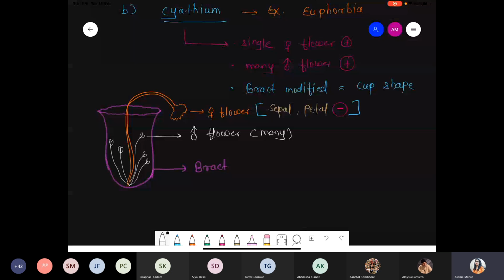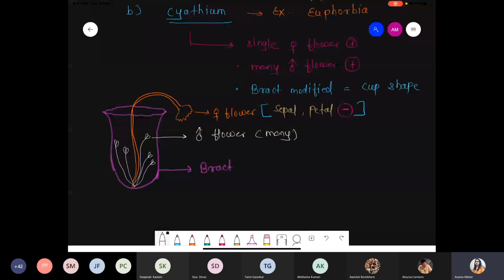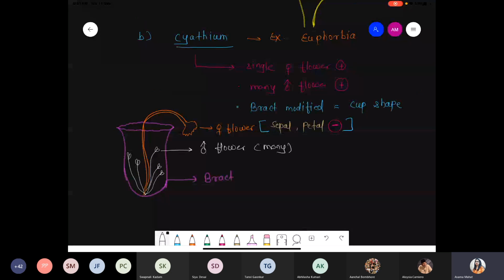In the case of the Scythium plant, sepal and petal are absent. Only two parts are present in the entire inflorescence. One is the stamen, the male reproductive part. The other is the gynoecium or carpel, the female reproductive part. Sepal and petals are absent. And this condition is present in the case of Euphorbia, where the bract also undergoes modification. The cup-shaped bract covers all the male flowers and maximum area of the female flower.